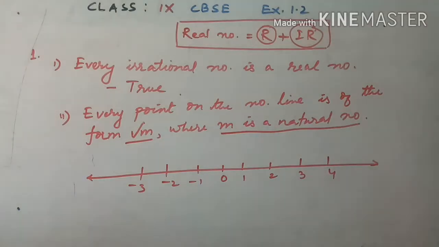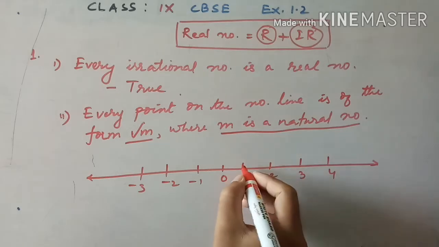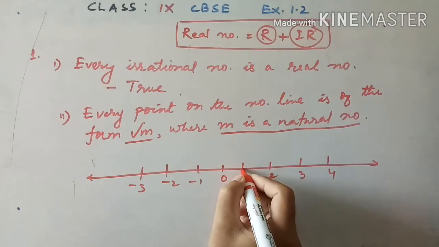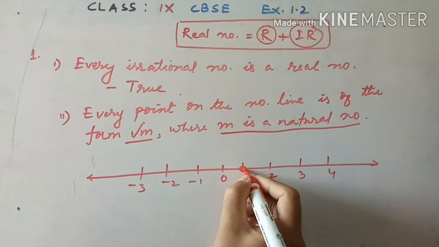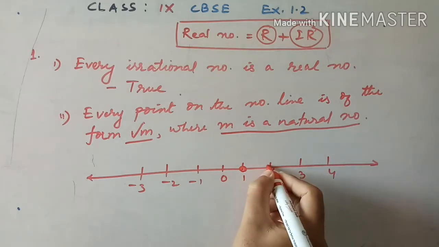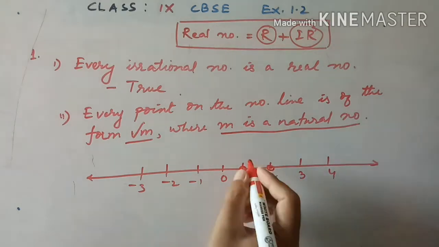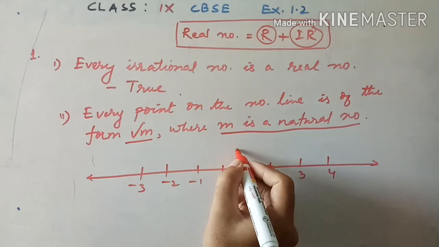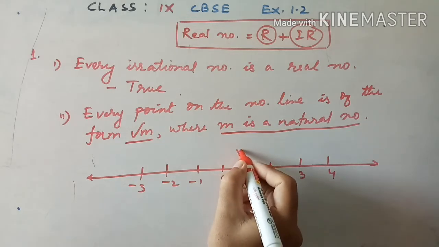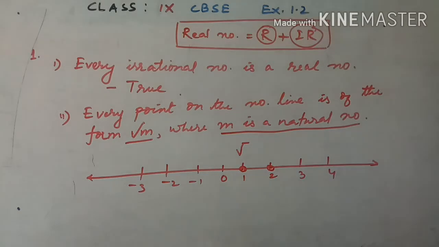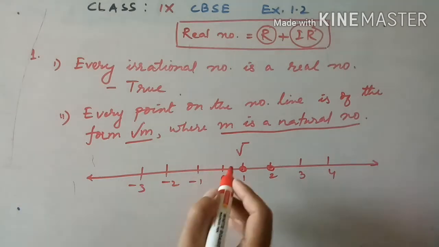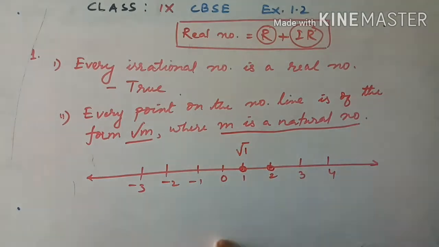Let us discuss positive numbers. So this 1 is also a point on the number line. 2 is also a point on the number line. So if I ask which natural number's square root will give 1, there is nothing but the natural number 1 itself.